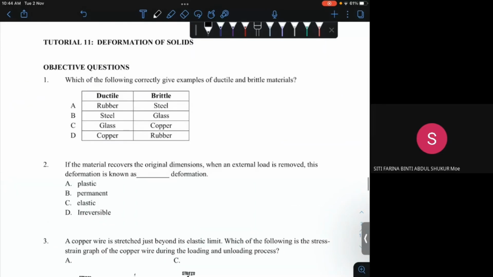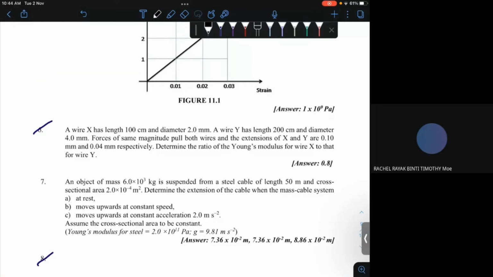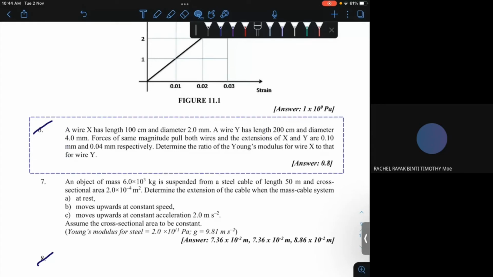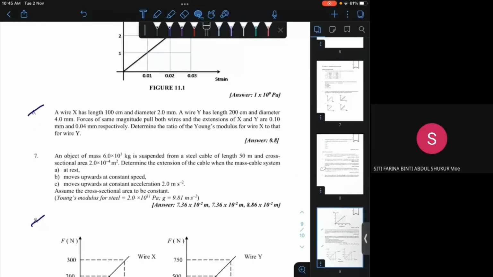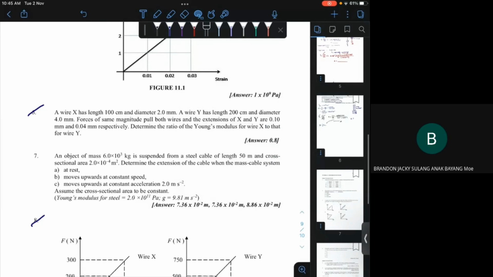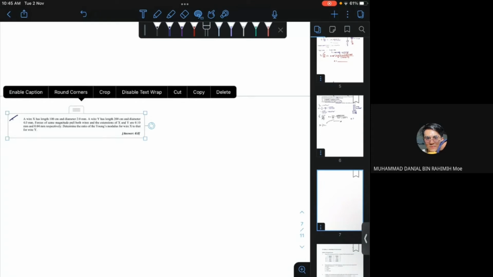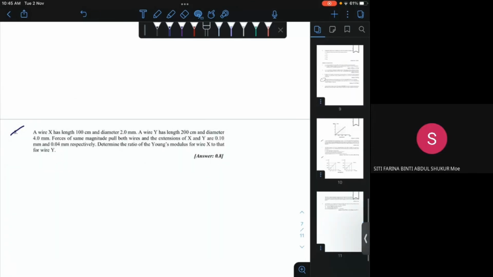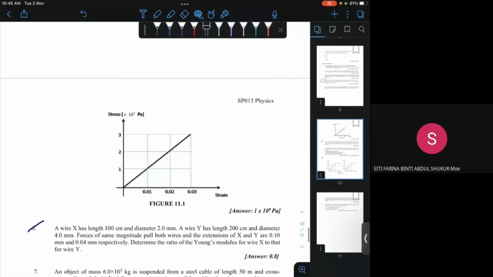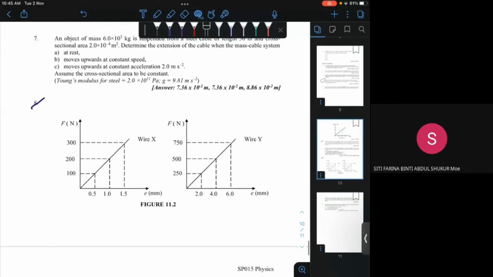Are we good? Yes, Miss. Good, Miss. Betul tu? Betul. Okay, ada lagi beberapa soalan yang ditanya. Tadi saya tak tick sebab saya tak buat. If we have time, we can look at question 6 and 8 juga.